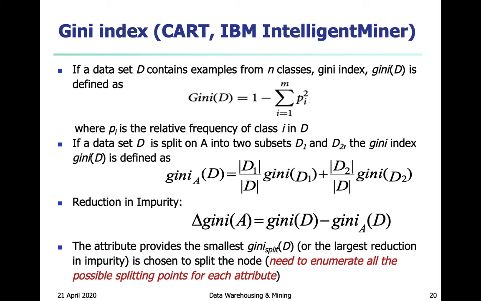So for each attribute, each of the possible binary splits is considered. For a discrete valued attribute, the subset that gives the minimum Gini index for that attribute is selected as the splitting subset.